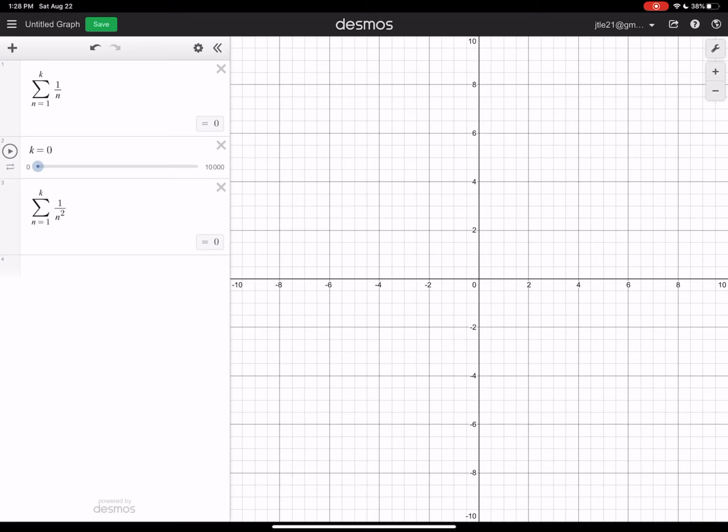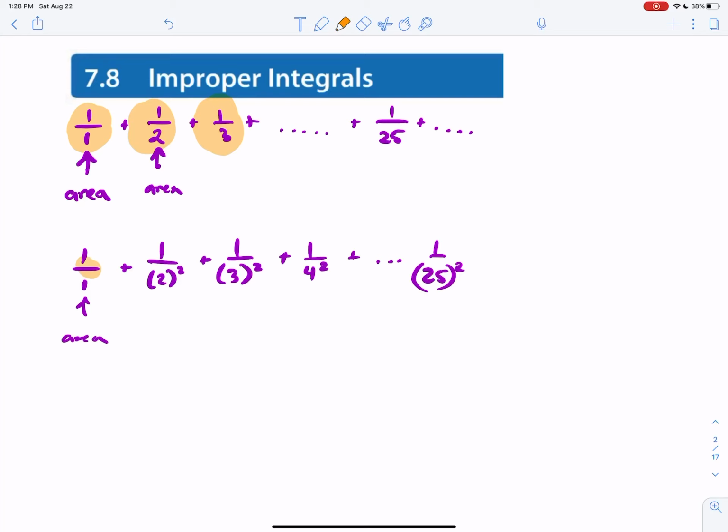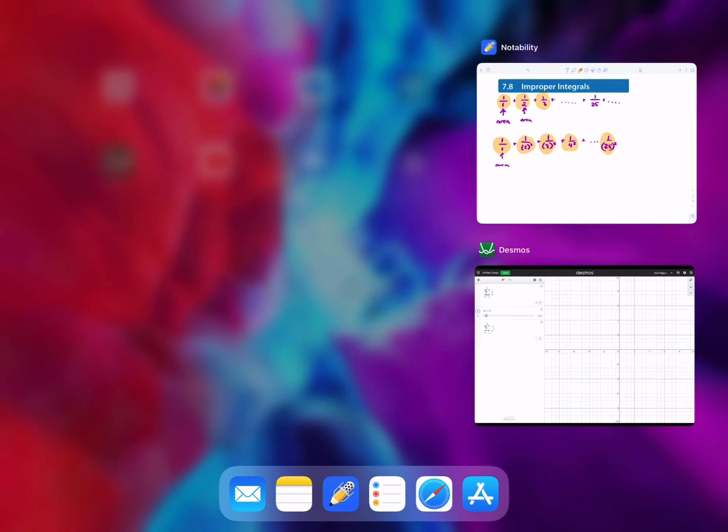Now I'll slow this one down. Now at the bottom, I'm adding 1 over 1 squared plus 1 over 2 squared plus 1 over 3 squared plus 1 over 4 squared at a very fast rate, right? Would you guys agree that if I keep adding more numbers to it, it's just going to get larger and larger? Well, let's take a look.